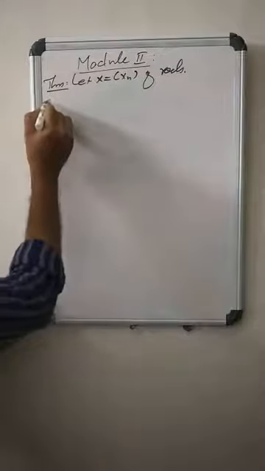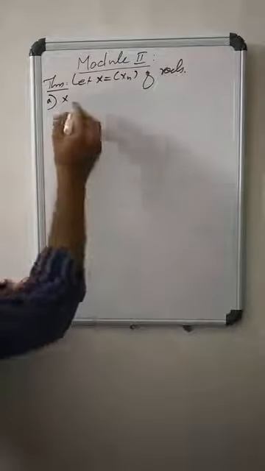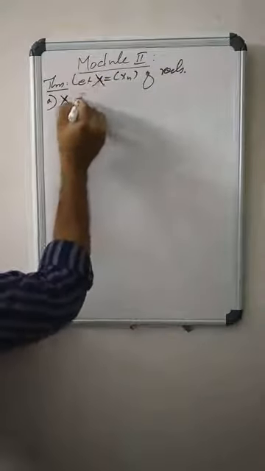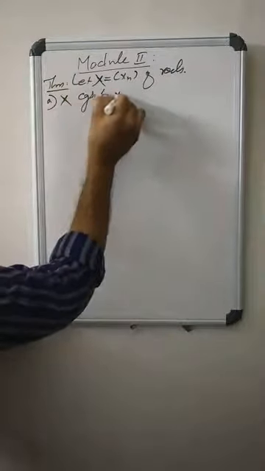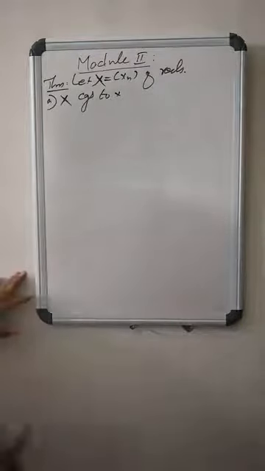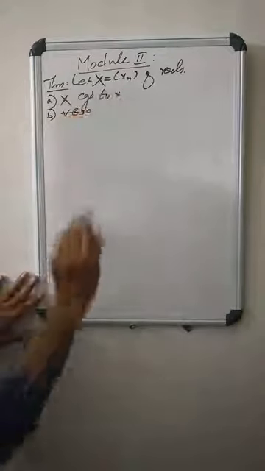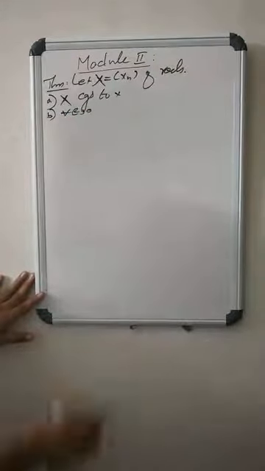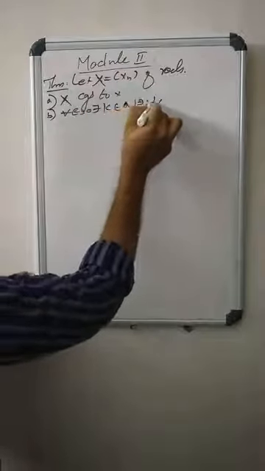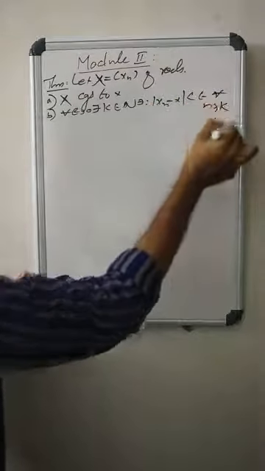Part A: the sequence X converges to small x. Part B: for every epsilon positive, there exists some k in N such that modulus of xn minus x is strictly less than epsilon for all n greater than or equal to k.